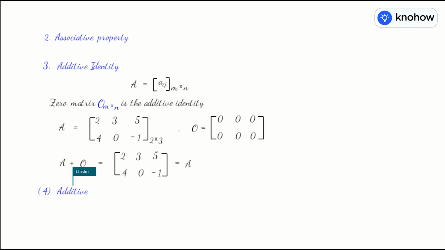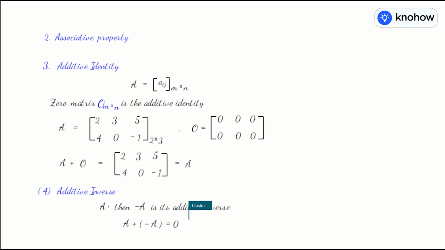Next is additive inverse. Given a matrix A, then negative A is its additive inverse. And what do you mean by additive inverse? That given a matrix A, negative A added to it will make it 0. To verify this, it is something very simple to verify with the help of an example.